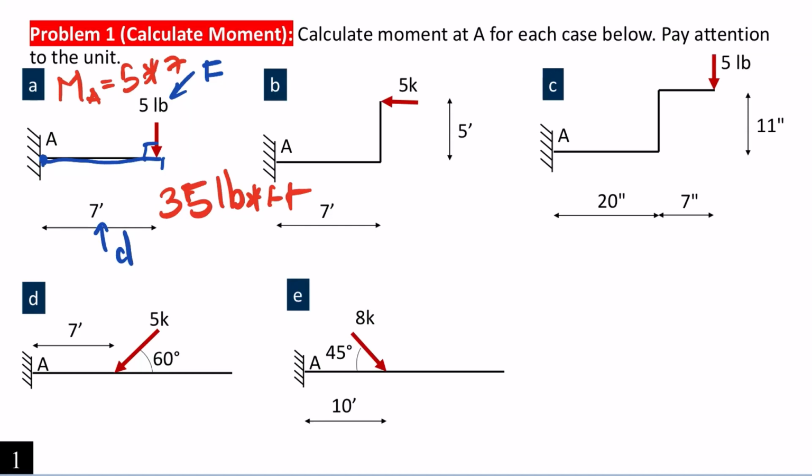So the answer of question A is 35 pound foot. Not difficult, right? So now let's check question B.